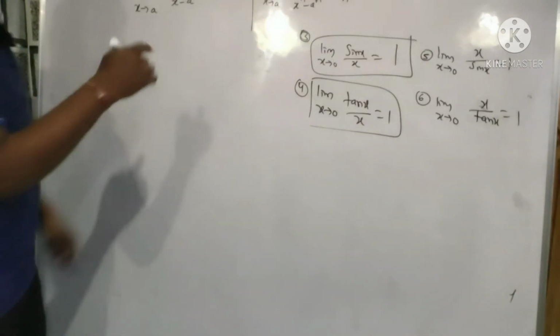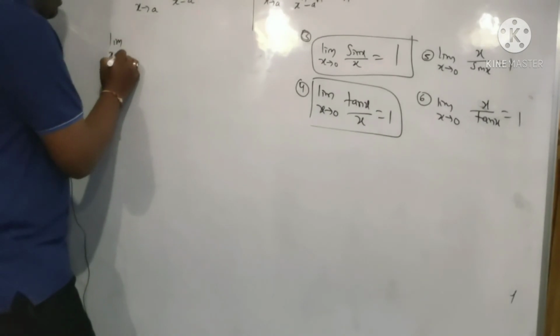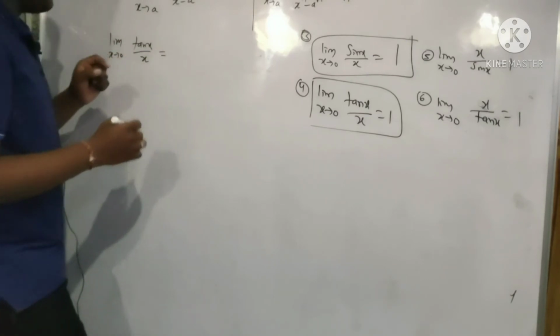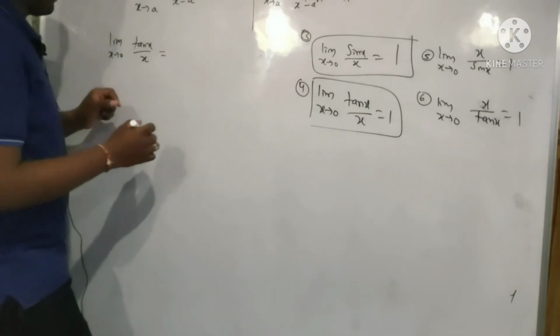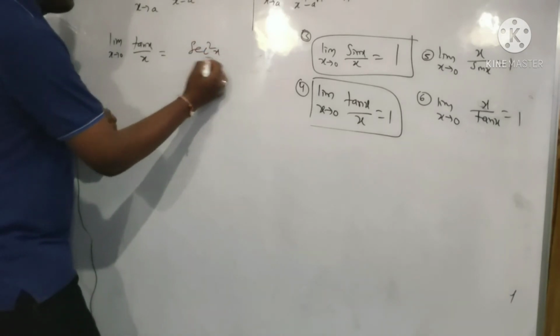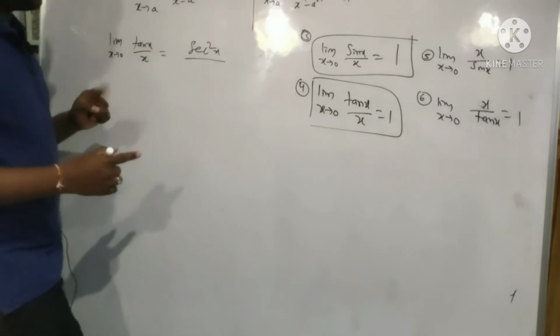Here let's discuss the fourth point. Limit x tending to 0 of tan x by x. Now you know the differentiation of tan x. What is the differentiation of tan x? Sec square x. Sec square x by the differentiation of x, which is 1.